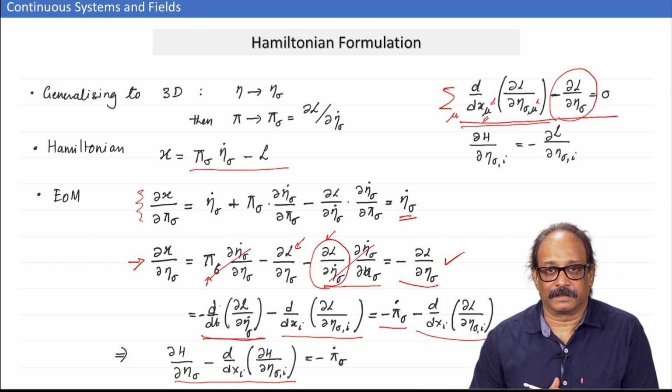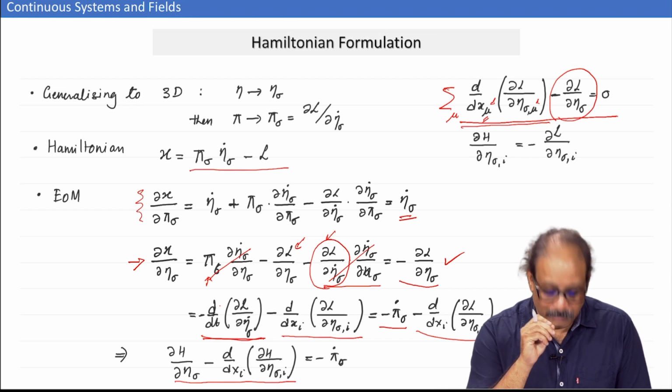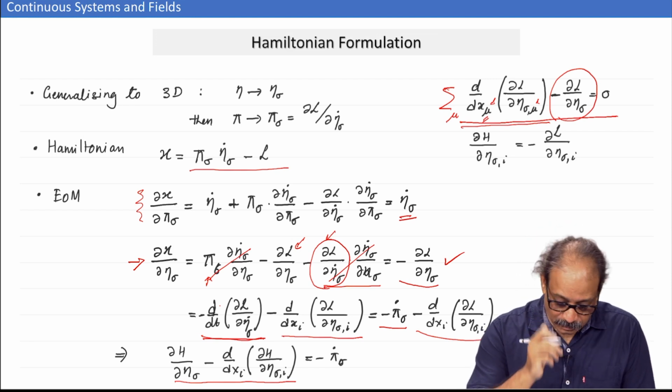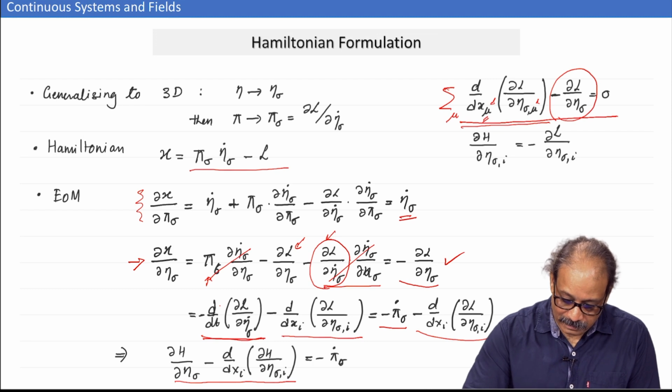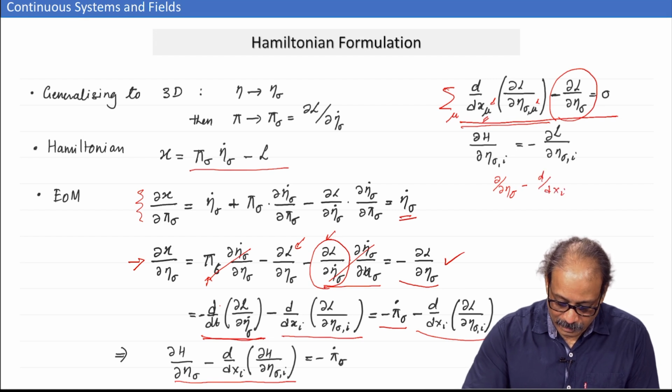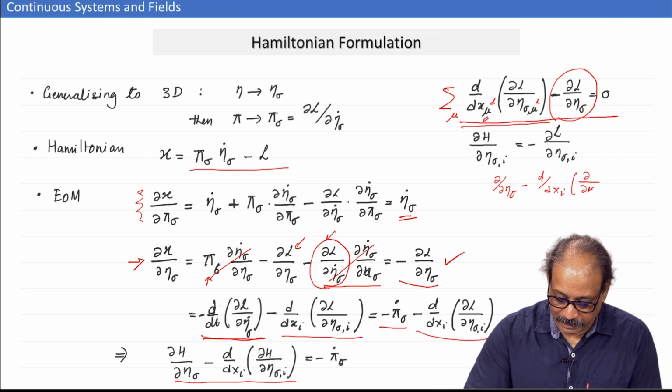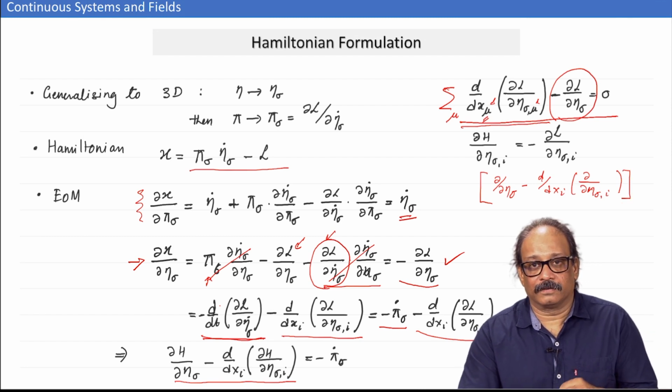This is just a differential operator operating on h. So, the differential operator I will write here is del over del eta sigma minus d by dxi and partial of del over something. Okay. So, in this case of course, I will write eta sigma comma I. And that operator operates on your Hamiltonian density.